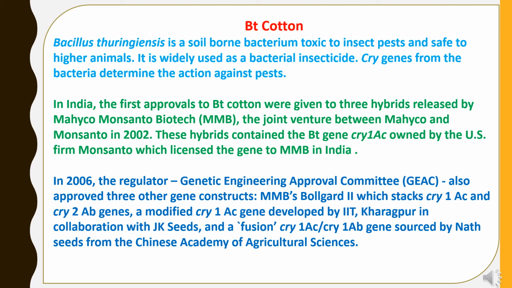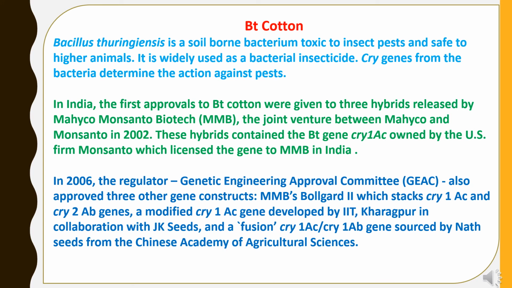In India, the first approval for BT cotton was given to 3 hybrids released by Mahyco Monsanto Biotech, the joint venture between Mahyco and Monsanto, in 2002. These hybrids contained the BT gene Cry1Ac owned by the US firm Monsanto, which licensed the gene to MMB in India.